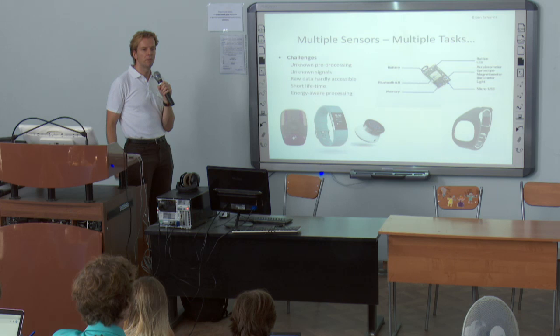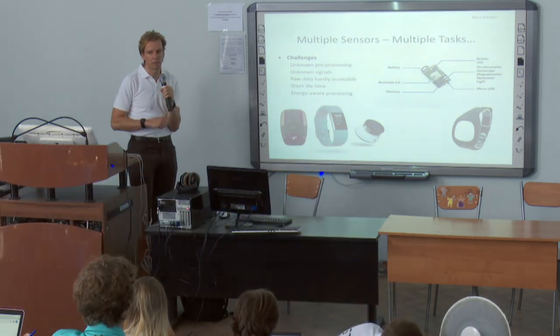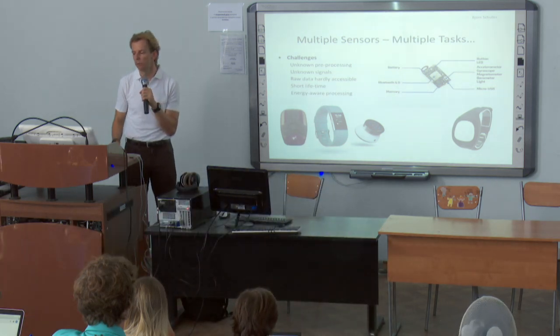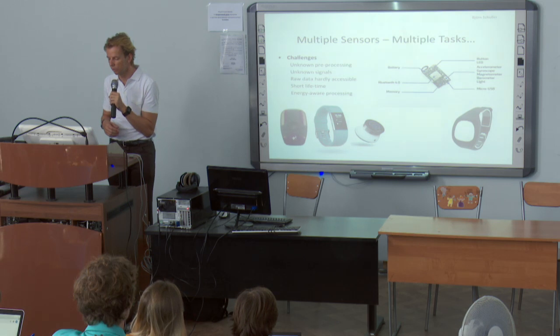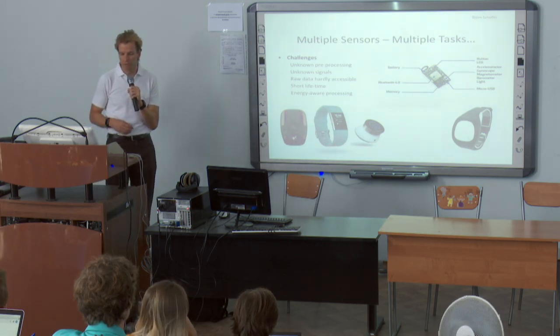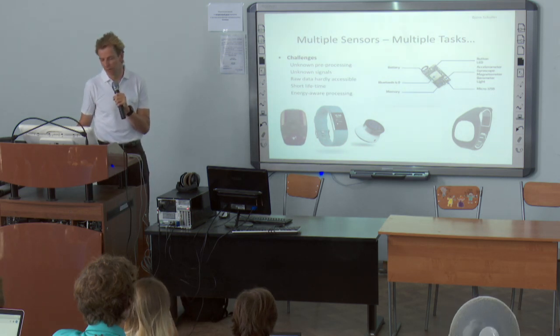Fusing information means, for example, putting together heart rate from the wrist with audio from, maybe, a microphone at your knee to monitor your joint health, together with information from your smartphone, like social activity, to measure, for example, health and depression risk.